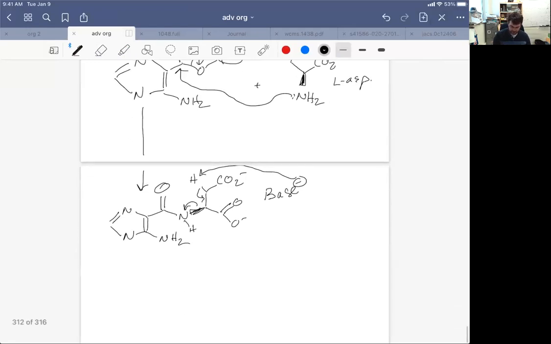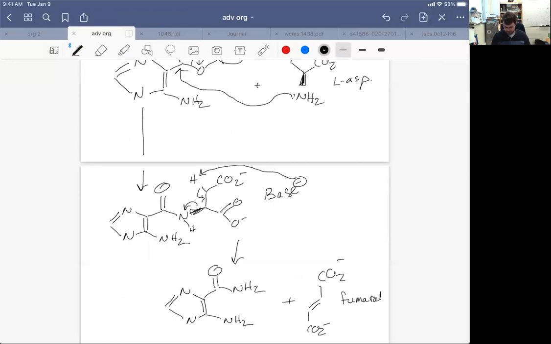So that's a really wonky reaction because you ultimately just convert your carboxylic acid into an amide. So we've added the nitrogen, and you get this weird molecule with two carboxylic acids separated by an alkene. And this is actually just the molecule fumarate, which we've looked at before in other metabolic pathways.